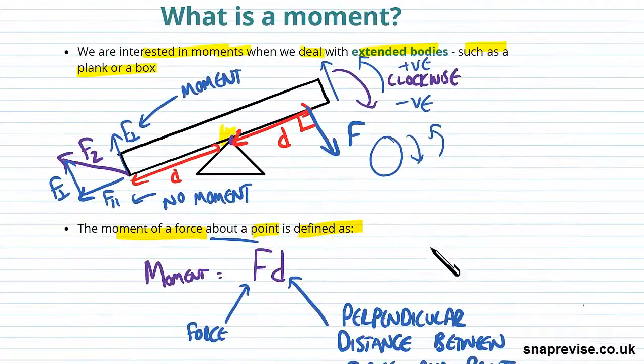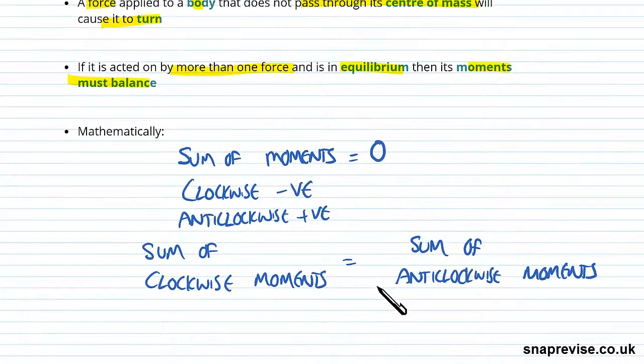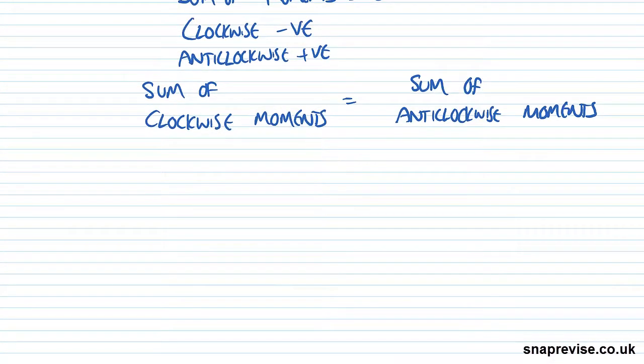That's how we go about working out if an object has balanced moments or not. And we call this the principle of moments. So this is the principle of moments, an important thing to be able to invoke when discussing whether an object is in equilibrium or not.